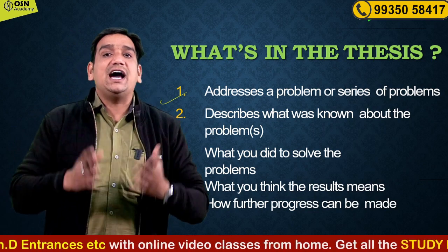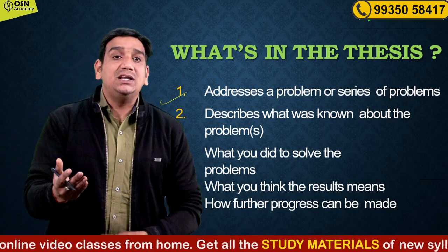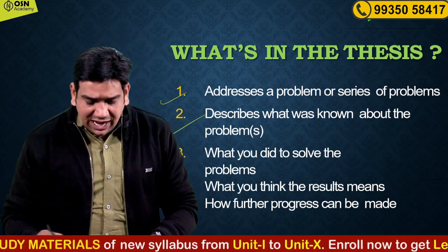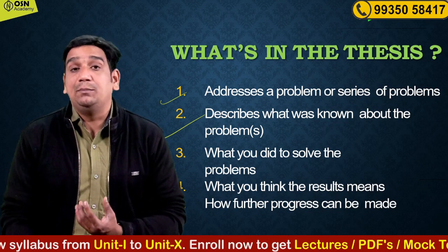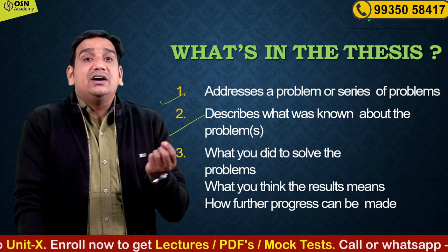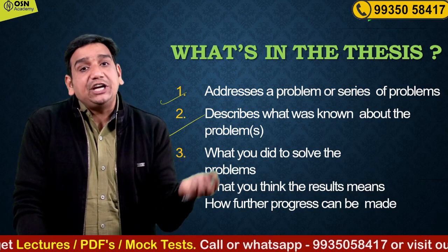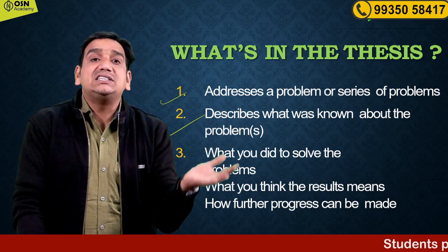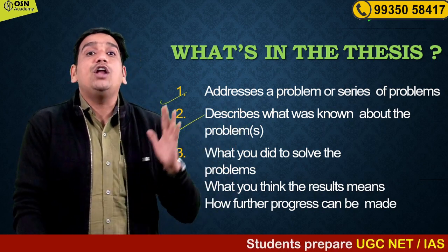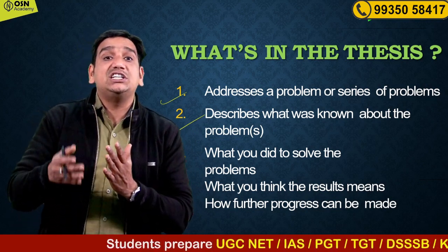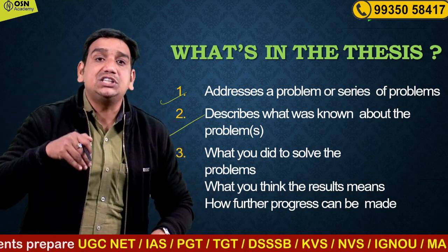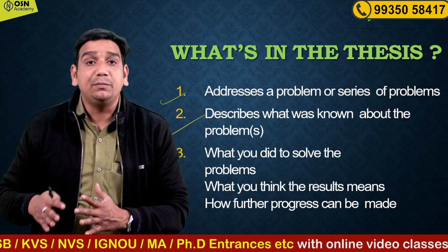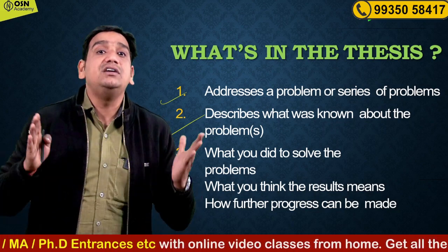So first of all we have to address the problems and the series of problems associated with our research topic. Then describe what was known about the problem. It may be that some information related to the research topic we already had at the beginning, but some information we have to collect during our research work, because in every research we have to find certain facts or figures or information which were not revealed yet.